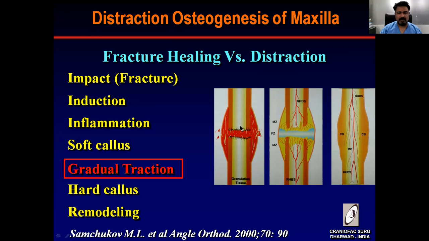In fracture healing, the soft callus is first formed, and then gradual remodeling is done, then the fracture heals. But if before the hard callus forms you distract it, then the bone formation is more remodeled.